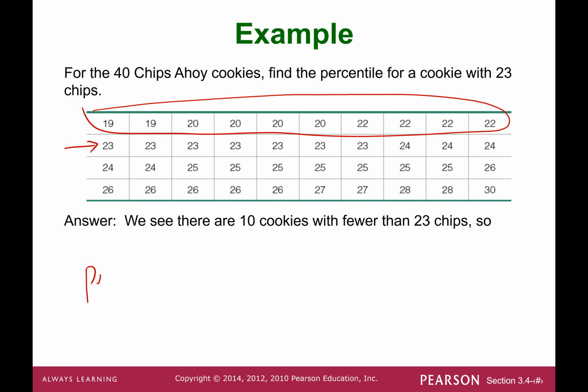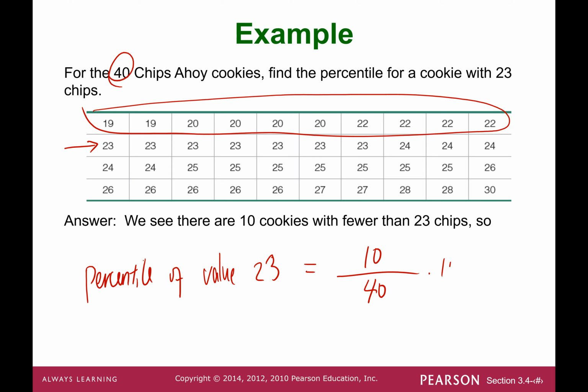So the percentile of data value 23: the number of data values below 23 is 10, over the total number of data values, in this case 40. 10 over 40 times 100, that becomes 1,000 over 40, which is 25.